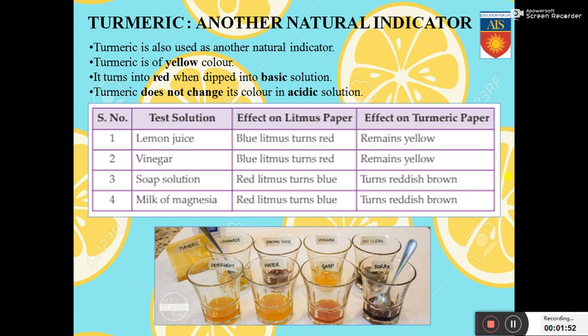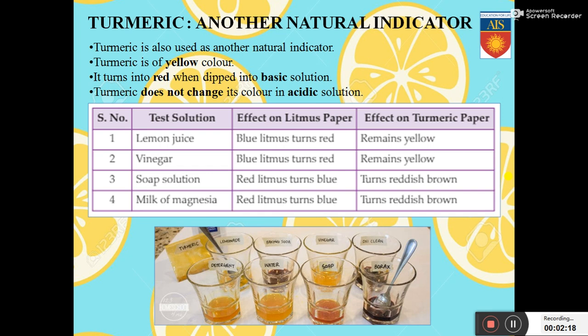So let's have a look at some of the test solutions and their effect on litmus paper and their effect on turmeric paper. Now lemon juice we know is an acid. So it turns blue litmus red, but in case of turmeric paper it remains yellow. That is, it does not change its color. Vinegar is also an acid. It turns blue litmus red and turmeric remains yellow because it is also an acidic solution.